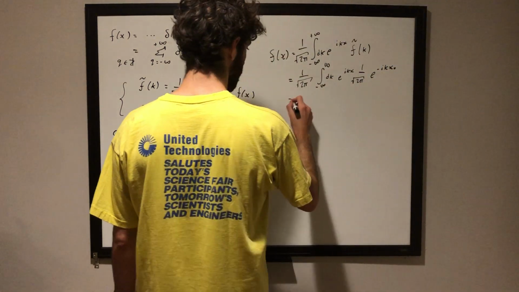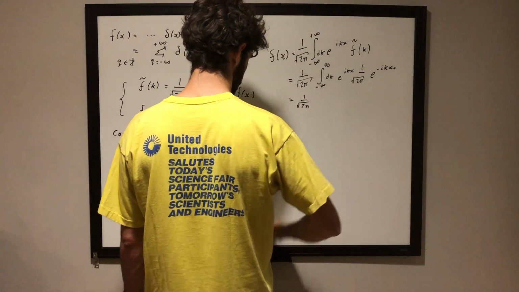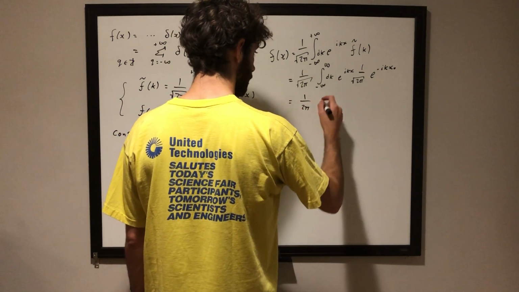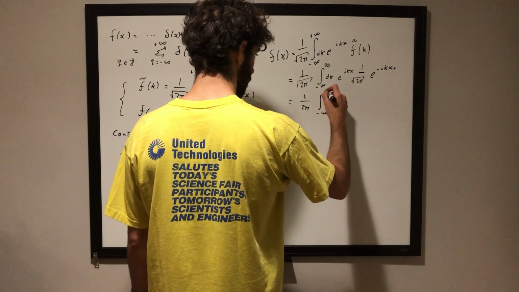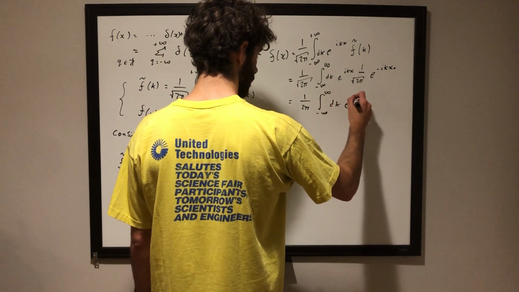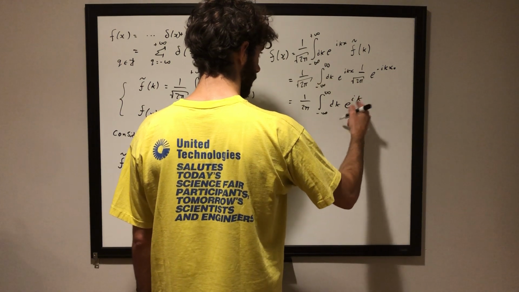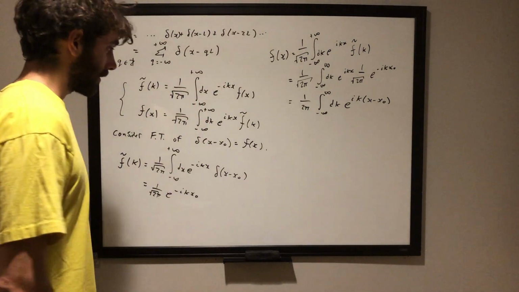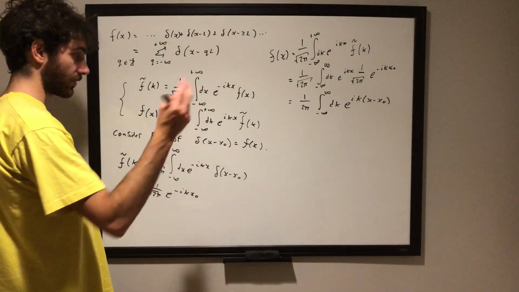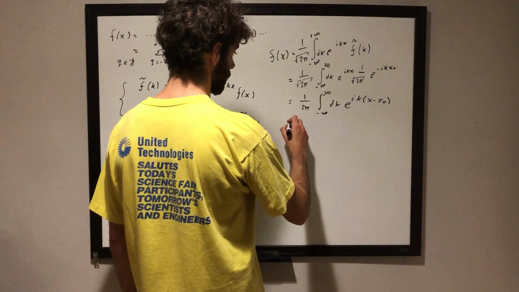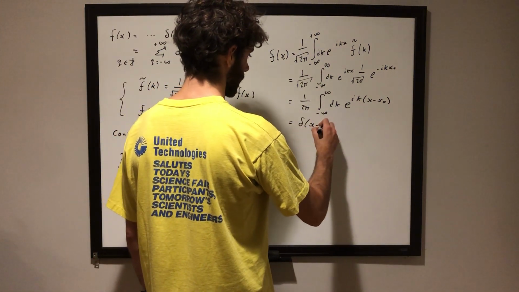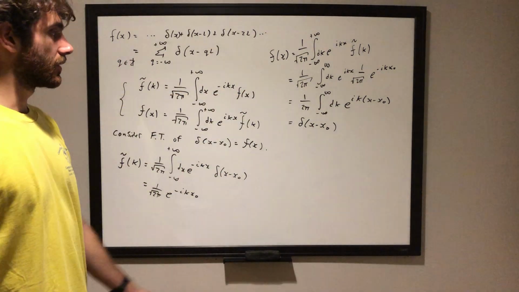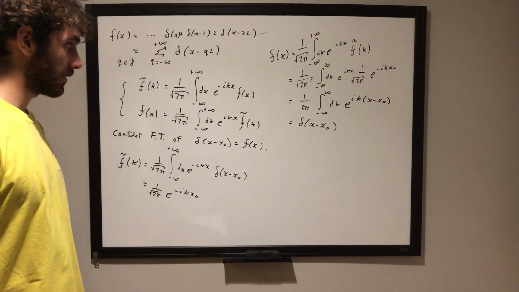And then simplifying a little bit, this 2 pi becomes a regular 2 pi, and then we have this integral dk of this harmonic function e to the i k (x minus x naught). And since we started with this as our assumption, if you will, we know that this is going to be equal to delta of x minus x naught. So in fact, this formula here is another way to rewrite the delta function.